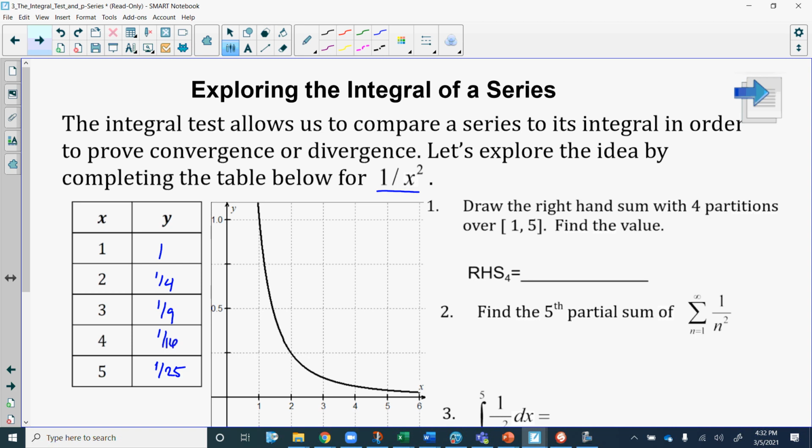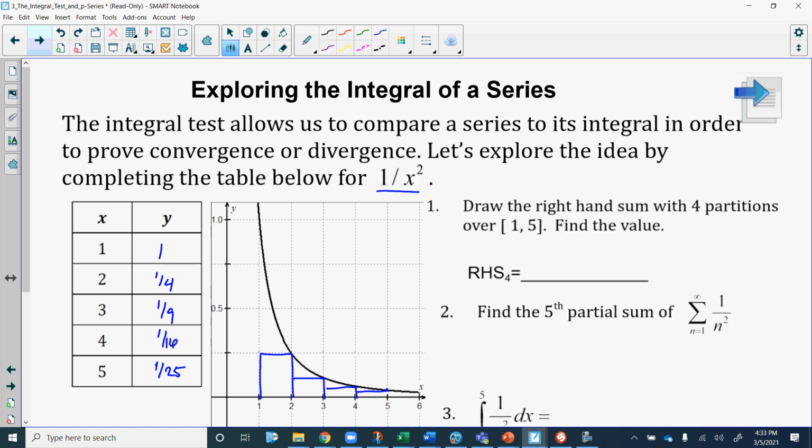So what it's asking here is, draw the right-hand sum with 4 partitions. So we're going to go back to what we were doing with Riemann sums over the interval from 1 to 5. Starting at 1, we're going to draw a right-hand rectangle here, and a right-hand rectangle here, and here, and so on.